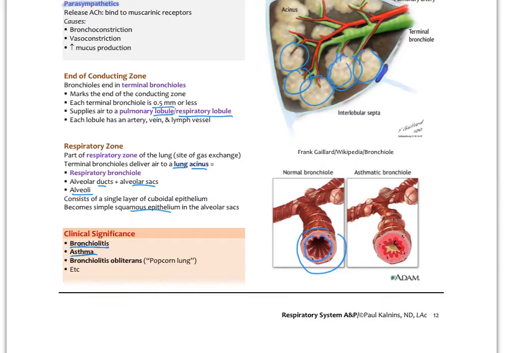And then something that we're seeing more of is bronchiolitis obliterans, where you get destruction of the bronchioles from a massive inflammatory process. And that's known as popcorn lung because it was first seen in popcorn workers. So people making the artificial butters for popcorn, when it volatilizes, it gets in the lungs and it actually can cause severe damage in the bronchioles.